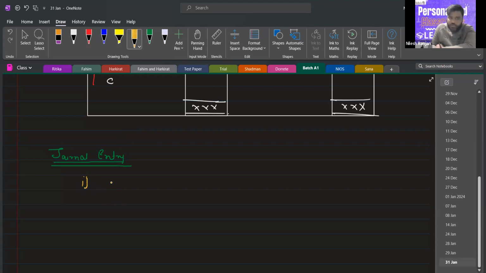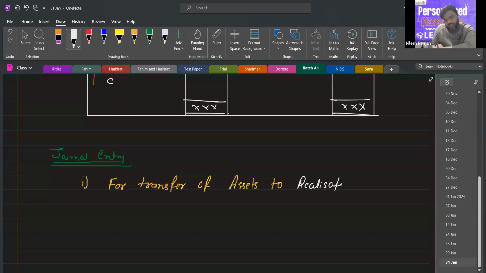Is there any other color? Okay. That is not good color. Okay. So first of all, for transfer of assets to realization account. We are transferring the asset to realization account.